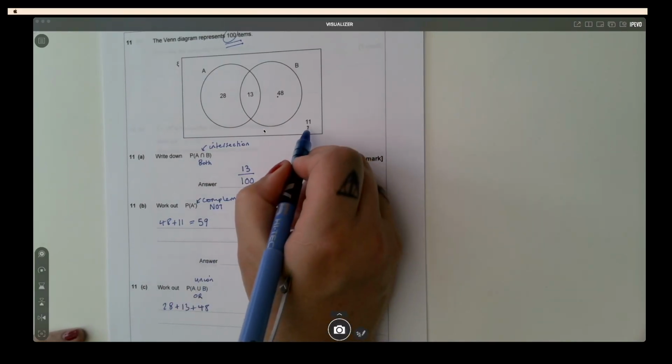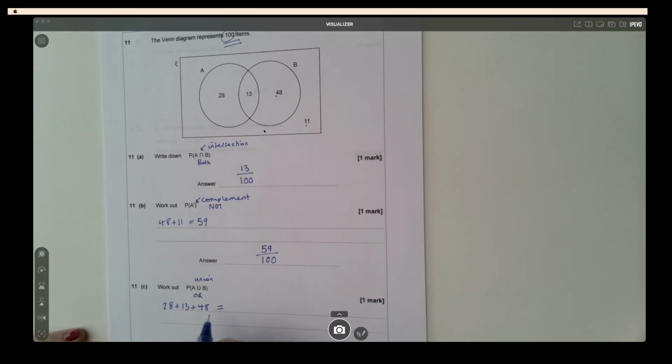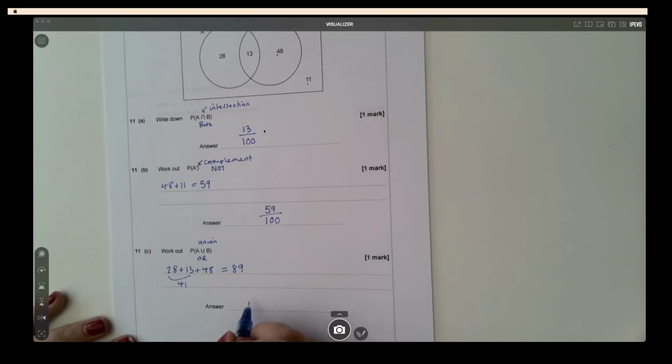We're not including that 11 because it's not inside any of those circles. So when we add those together, 28 plus 13, that's 41. 41 plus 48 is 89. So we have 89 out of a total of 100.